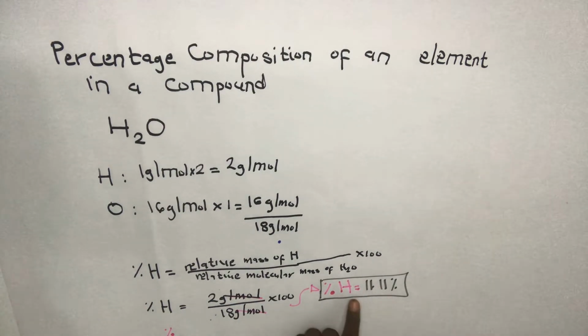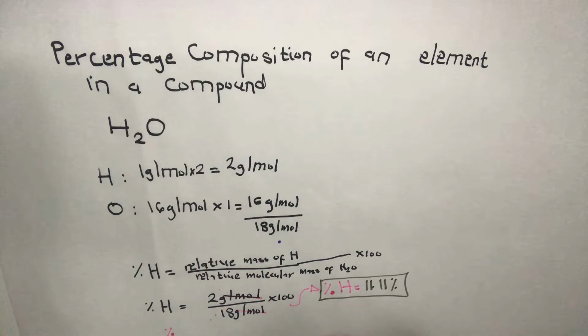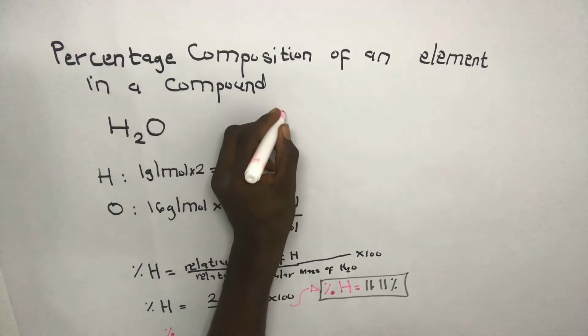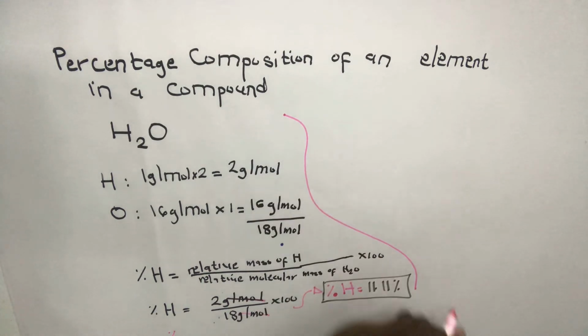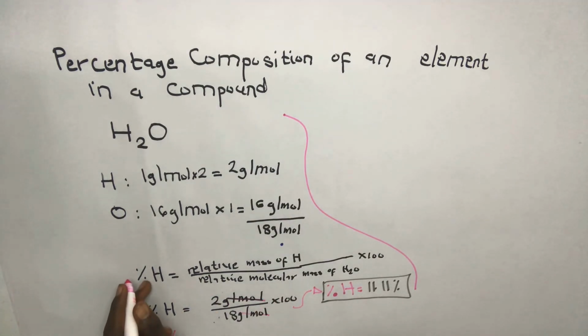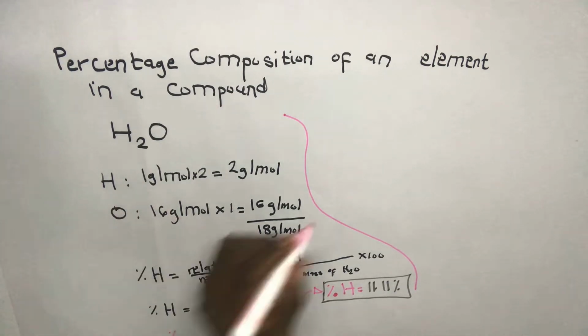So we have determined the percent of hydrogen in the water molecule. The next one is we want to determine the percent of oxygen.